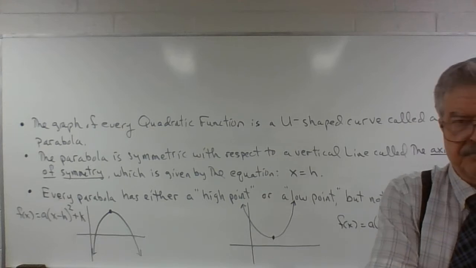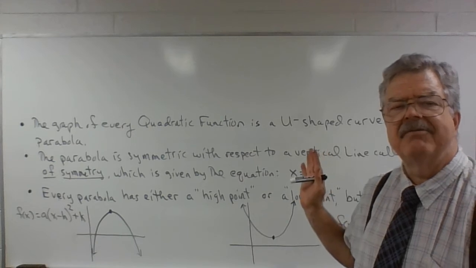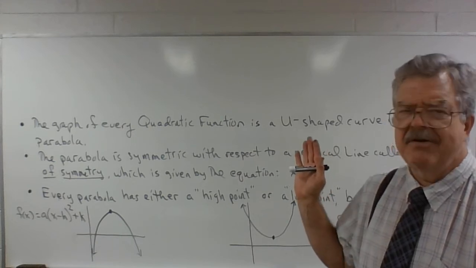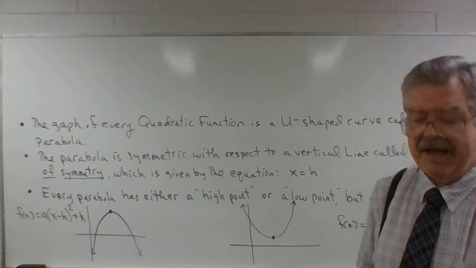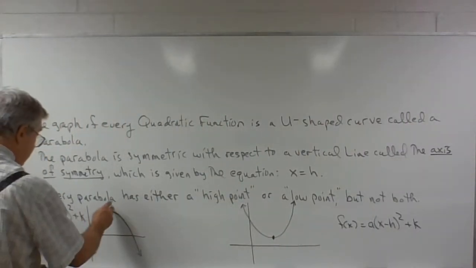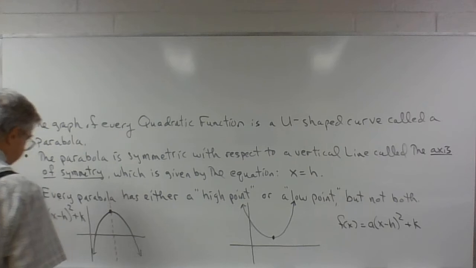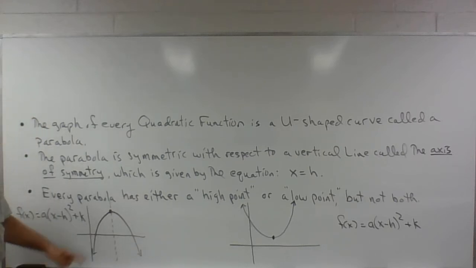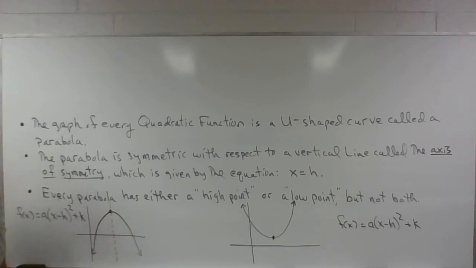And remember, the portion of the graph that lies to one side of an axis of symmetry has to be the mirror image of the portion of the graph that lies to the other side of the axis of symmetry. So here's what I'm going to do. To me, the portion of the graph that lies to the right of this red line is the mirror image of the portion of the graph that lies to the left of this red line.